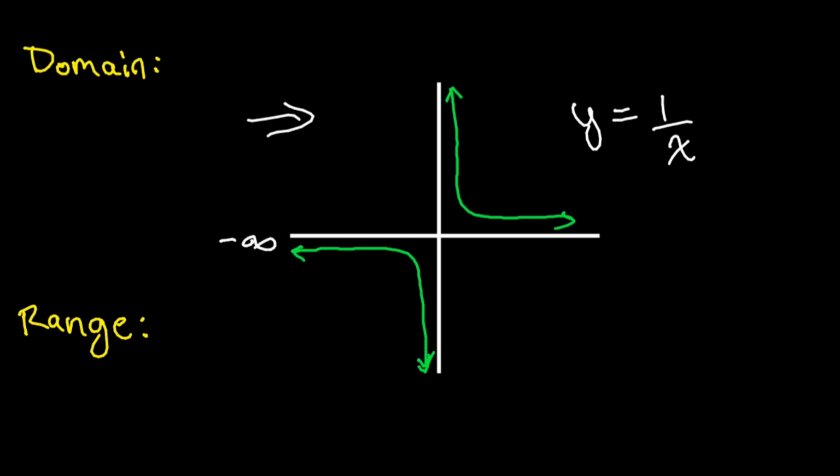This is negative infinity this way, and this is positive infinity this way. So it comes from negative infinity, and it stops at x equals 0. It never actually approaches x equals 0, because this is the asymptote along here.